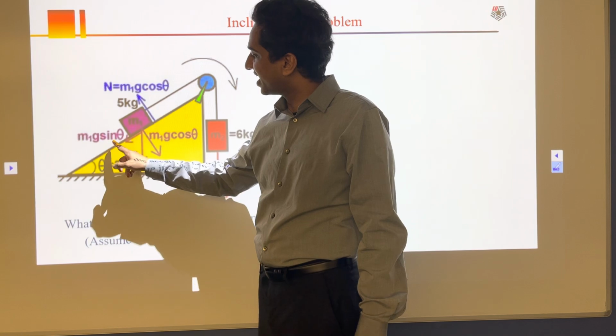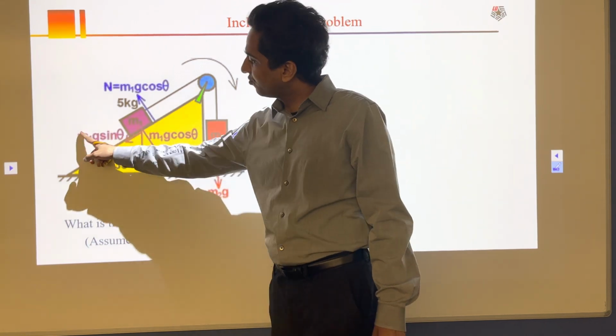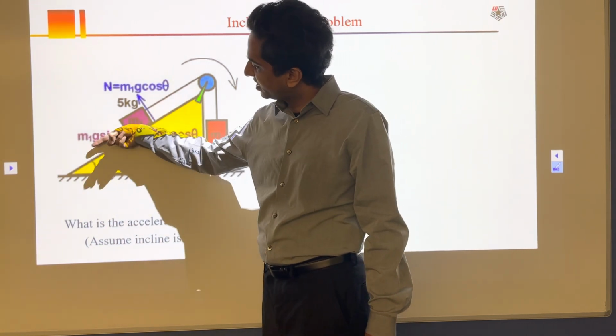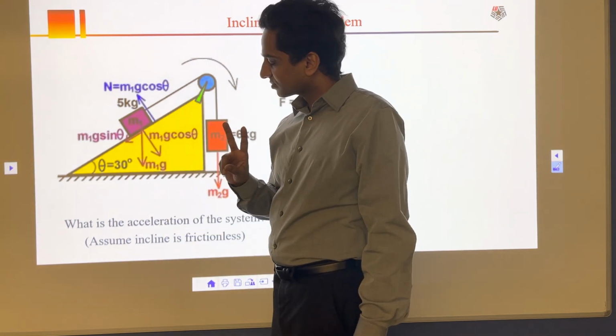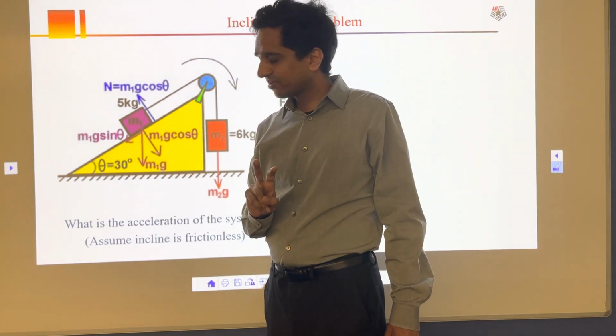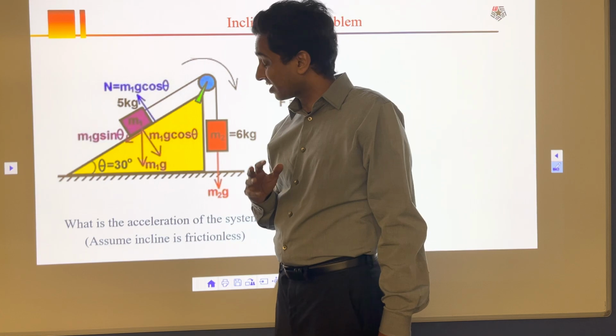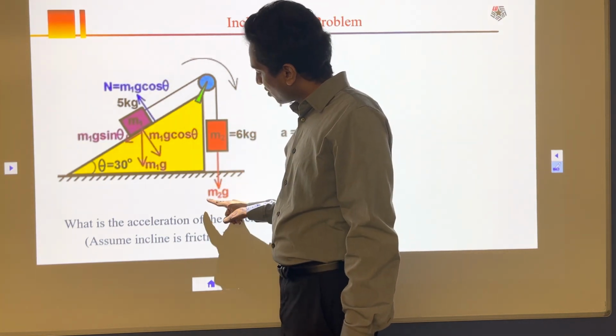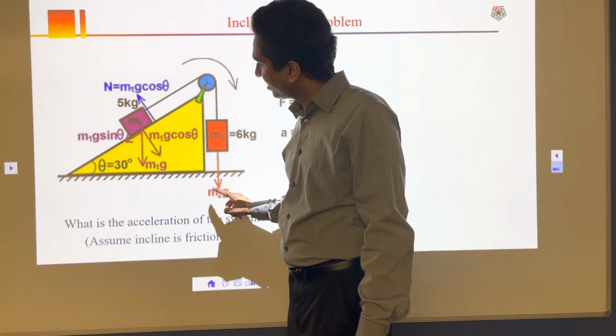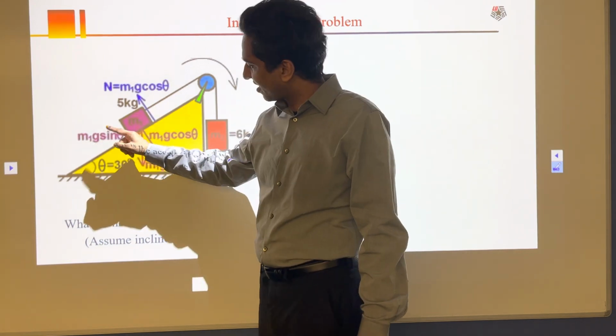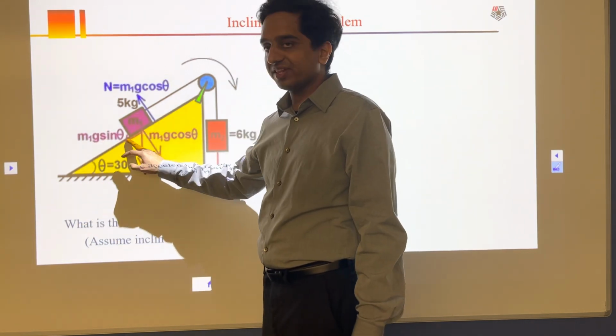That will be m1g sine theta, and that's the force we are going to consider in this direction. So there are only two forces affecting the acceleration: this downward m2g, which is gravity, and this one, again gravity at an angle, m1g sine theta.